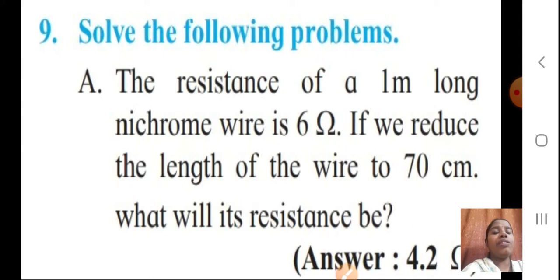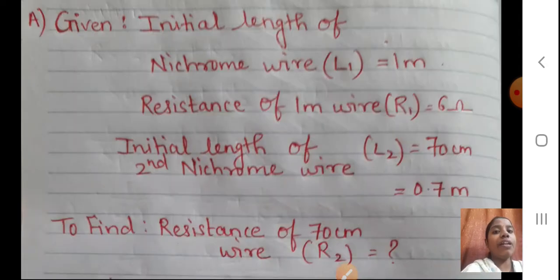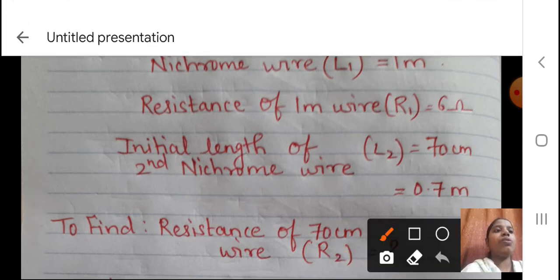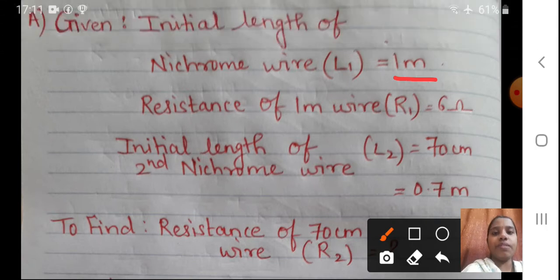First, you have the given part. I have solved it in my book and posted it here, so you can also solve it the same way in your notebook. Given initial length of the nichrome wire L1 is 1 meter, and resistance R1 I will take as 6 ohm for that wire.